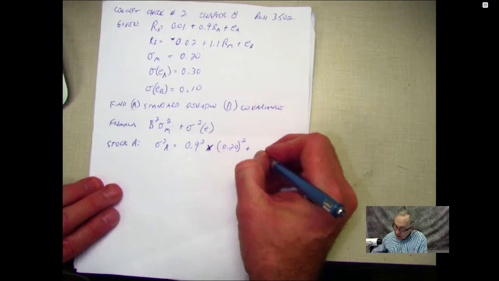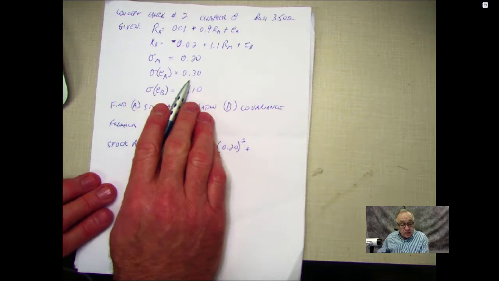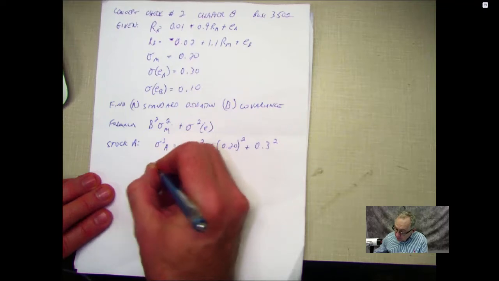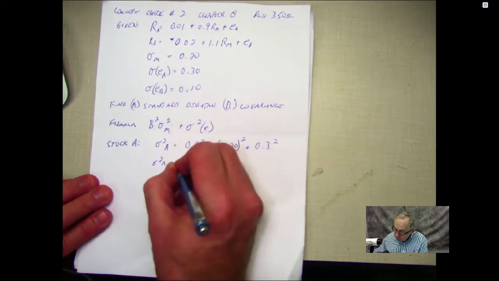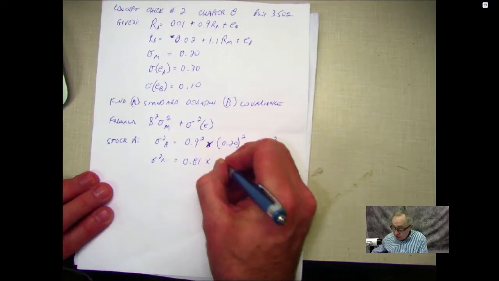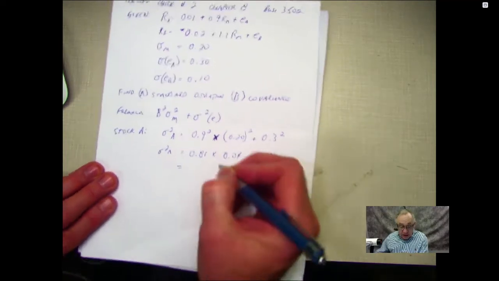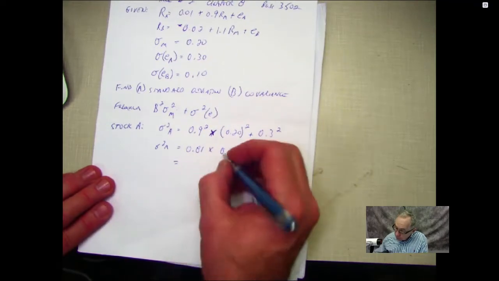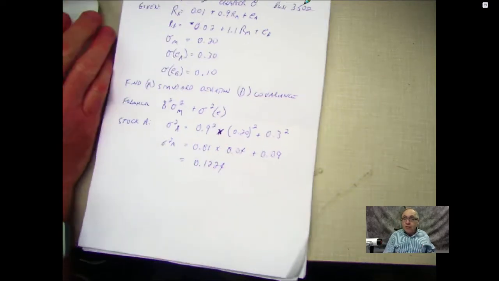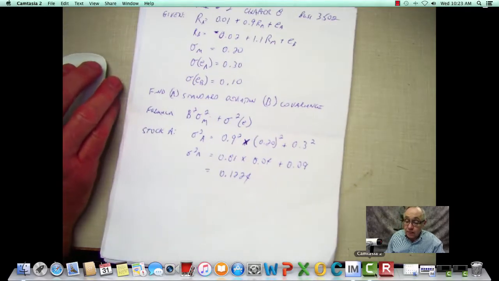Then plus the standard deviation of the company's own variability, so 0.3 squared. This simplifies to 0.81 times 0.04 plus 0.09. And solving through for all of this is 0.1224. Just bear with me a second, I'll pause and work through that with the calculator.